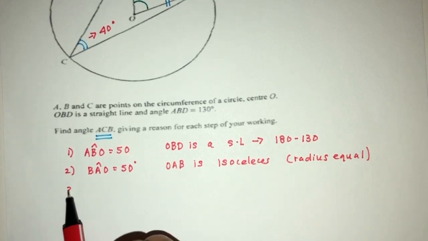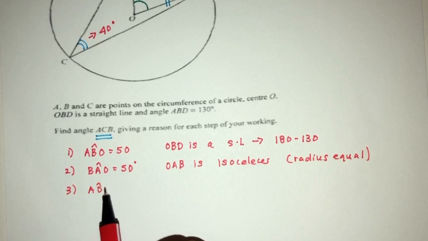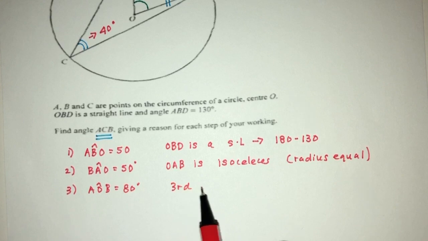Now number 3, obviously we conclude the angle AOB has to be 80, because it is the third angle of a triangle.